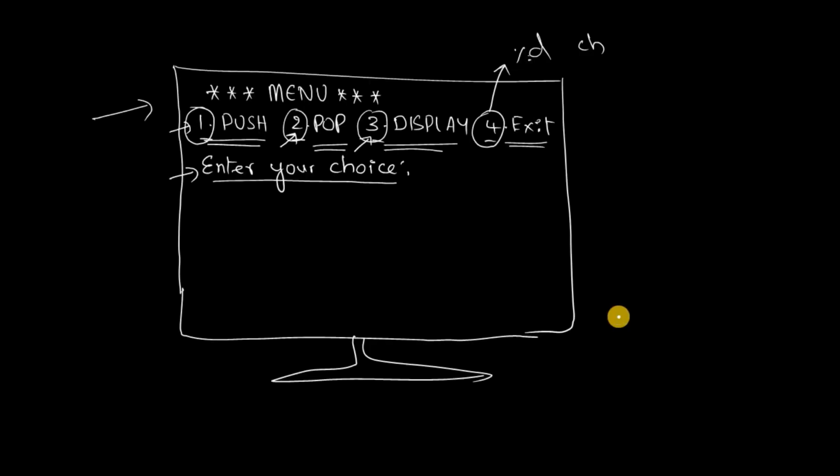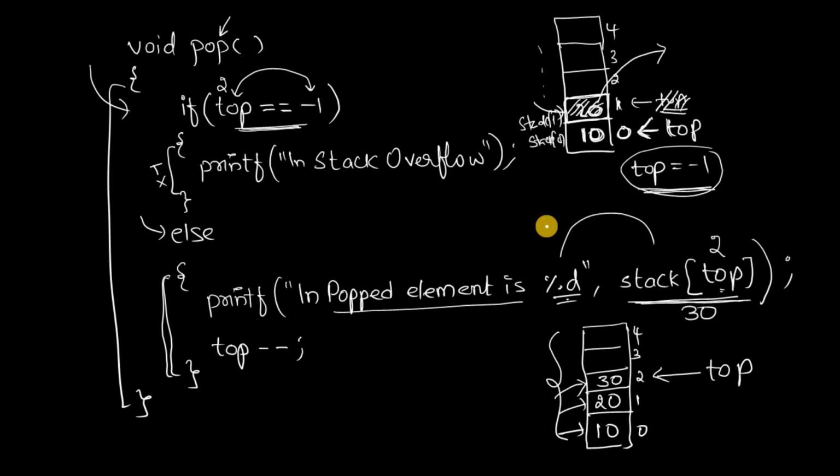So in the output, the user will see a message like this: popped element is 30. And after that, top minus minus. After 30 is removed from the stack, you have to decrement the top also, right? So now 1 will become the present top. So like that the pop operation will function.